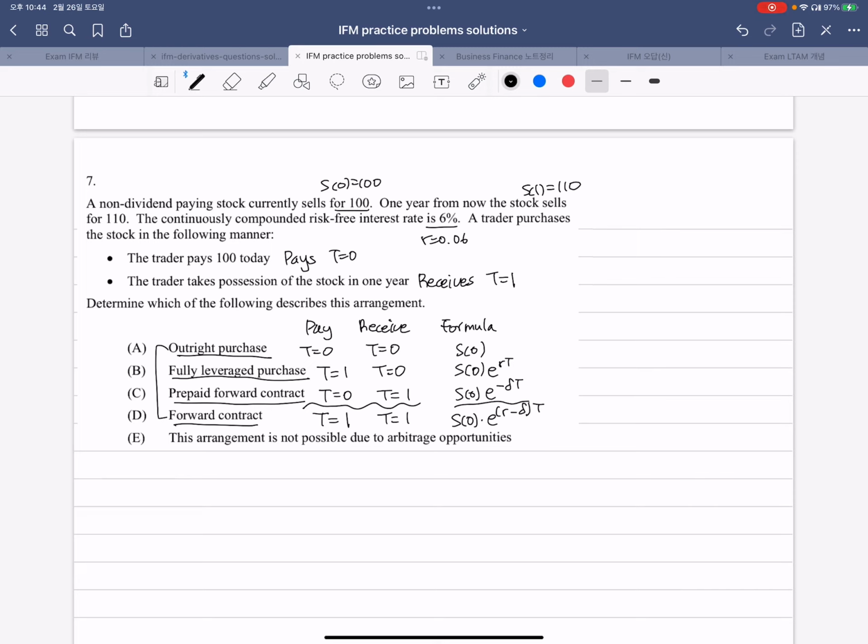And to verify that he's paying the right amount, we substitute the amounts we know: S of 0 equals 100 and e to the negative 0, because it is a non-dividend paying stock, times 1, so it'll be just 100. So he's paying the right amount, so we know that he's paying by the prepaid forward contract.